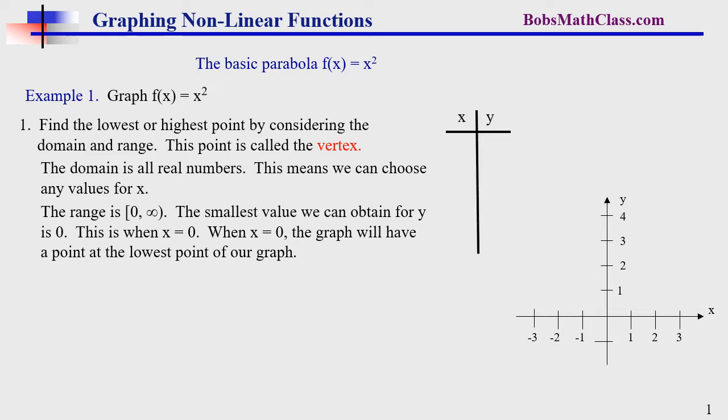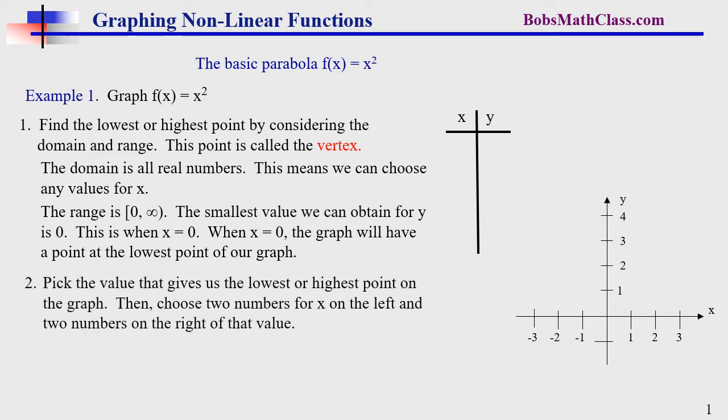Okay, so we're going to make a table, and we want to choose the value that is going to give us the highest or lowest point. In this case, it's 0. Okay, we talked about that. Then choose two numbers for x on the left and the right.